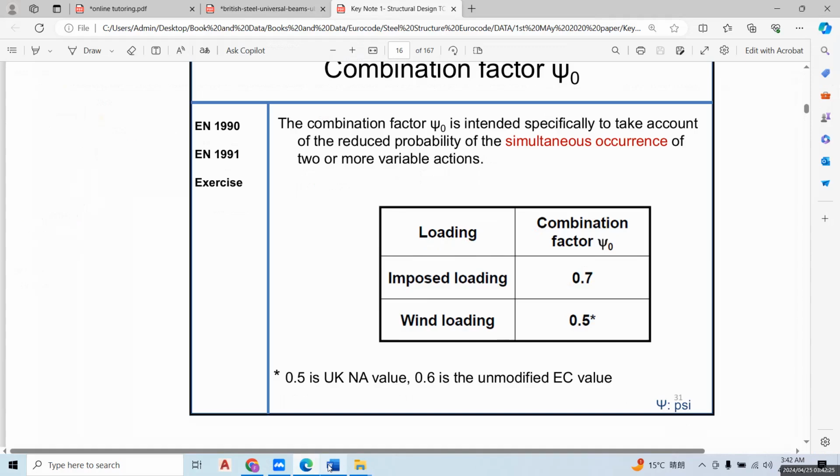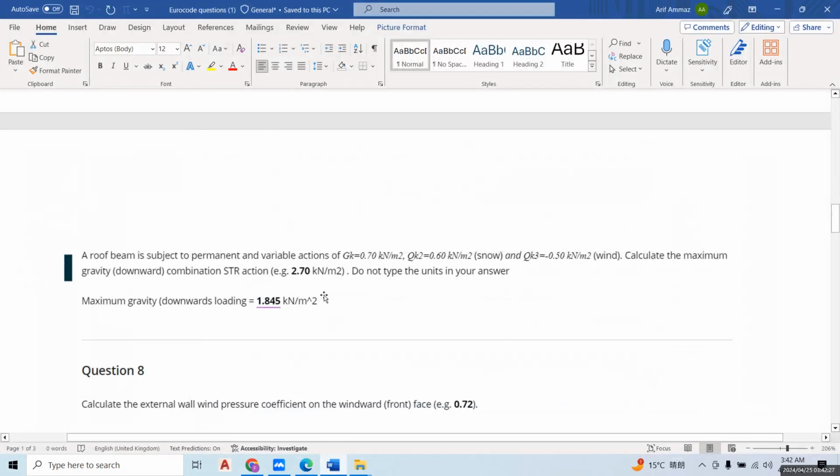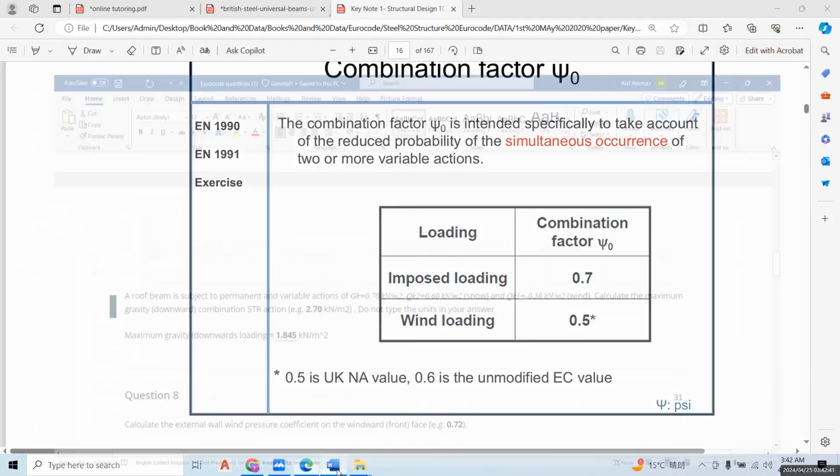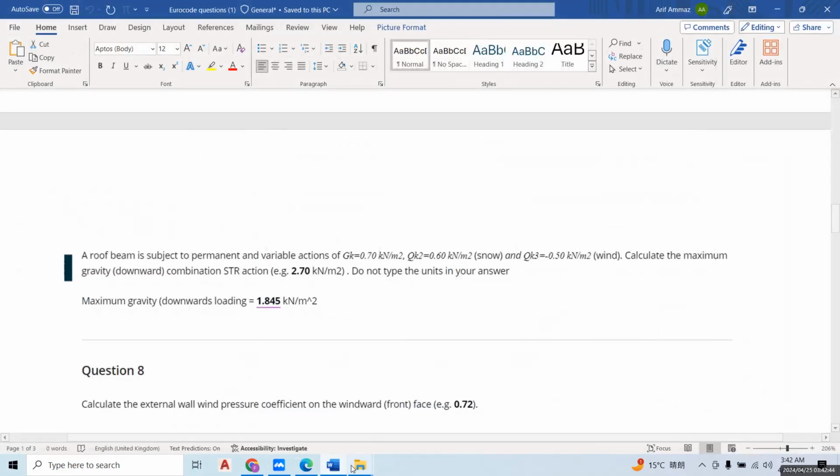You just add these values: 0.7 plus, this is a variable load, so you multiply with 0.7, 0.7 times 0.6, and at the last 0.5 times 0.5. So 0.7 plus 0.7 times 0.6 plus 0.5 times 0.5, so it is equal to 1.37.